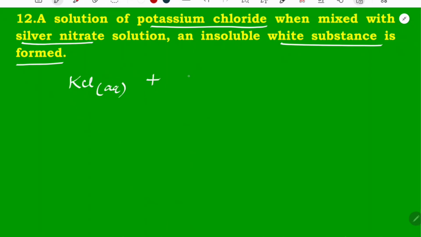Then mixed with silver nitrate, AgNO3. Then a white precipitate: silver chloride is the white precipitate. Not AgCl2, only AgCl, silver chloride. This is a white color precipitate, PPT.